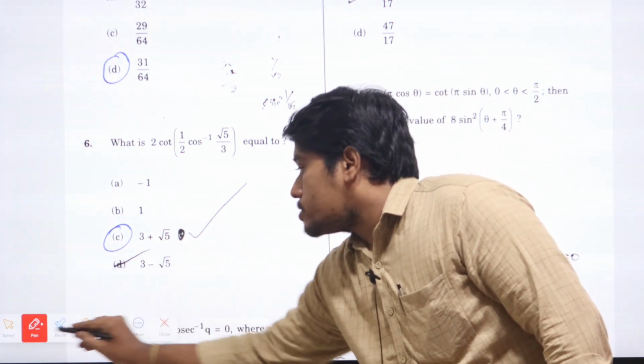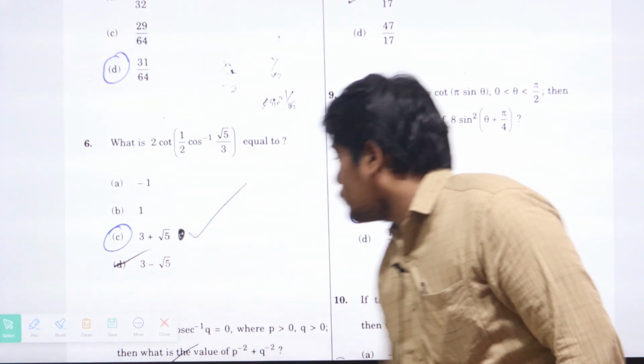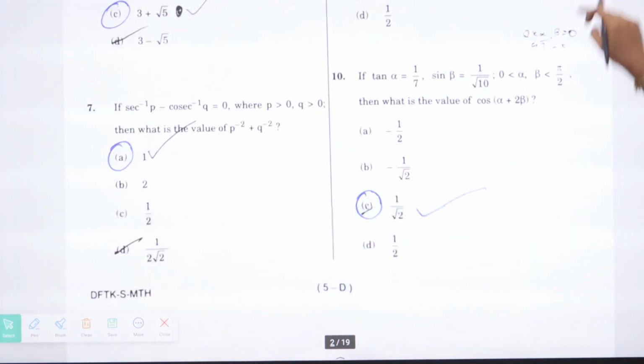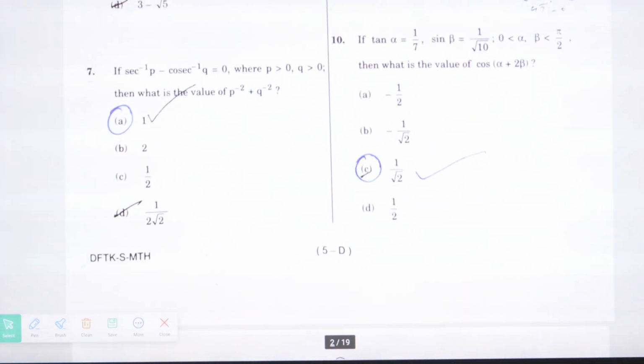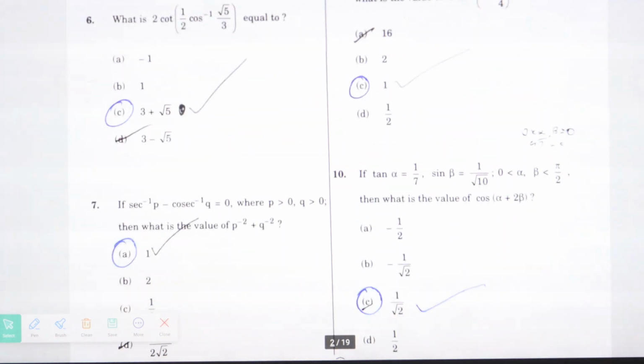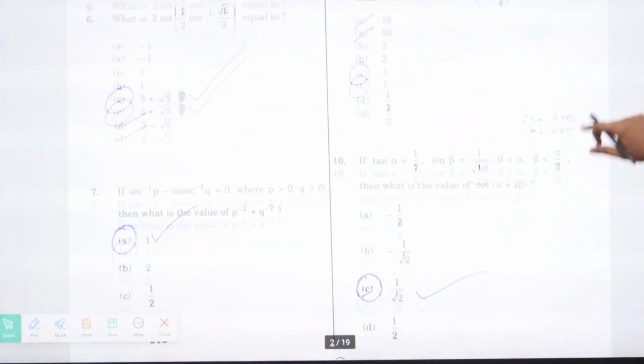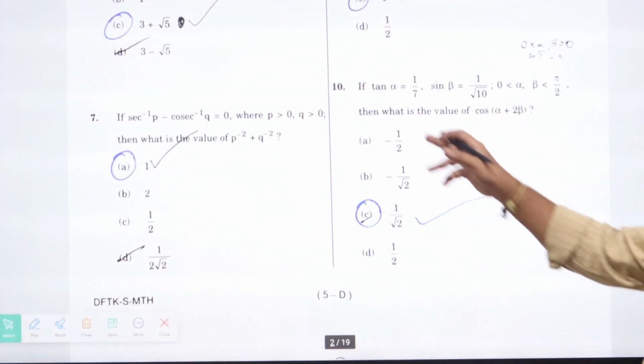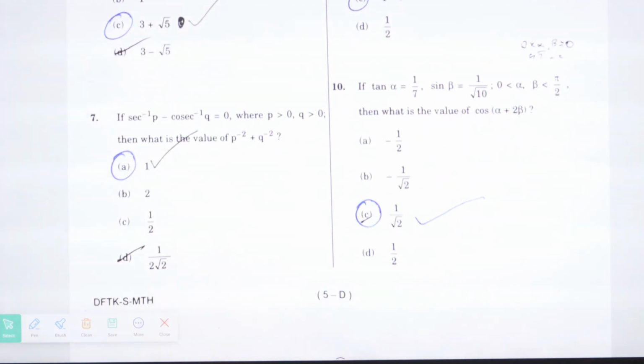Okay, so next, question number 10. If tan alpha is equal to 1 divided by 7 and sin beta is equal to 1 divided by root 10, and alpha is greater than 0 and beta is less than pi by 2, then what is the value of cos of 2 alpha plus 2 beta?